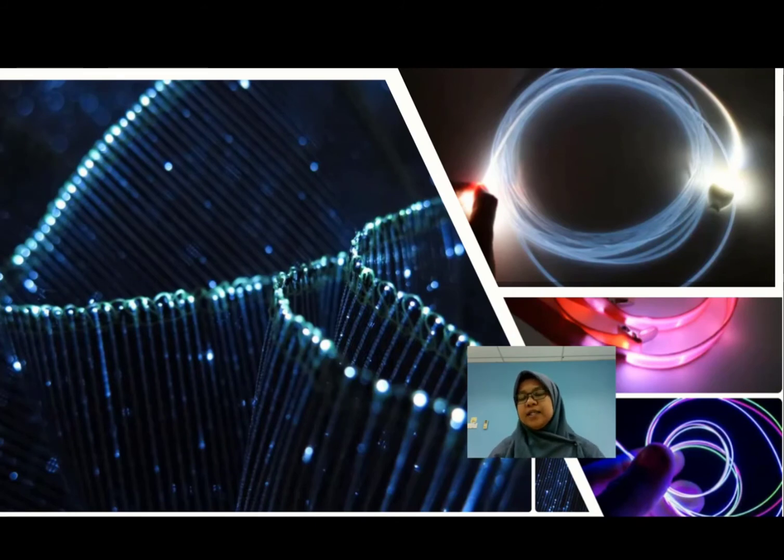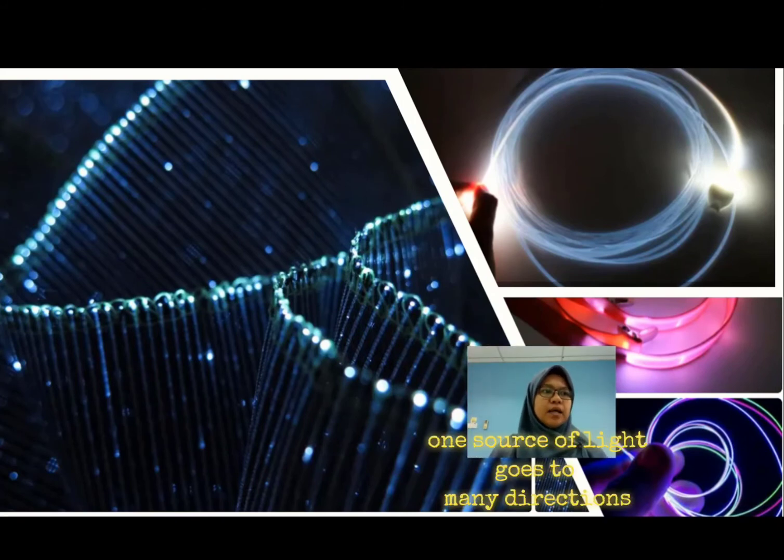If you look at this, the light source is just here, far from where you want to see it, but light is reflected all the way until it reaches there. At the back of mine there are also reflected rays. Decoration lights carry coloured light to different parts of the decoration and let it shine out in different directions.